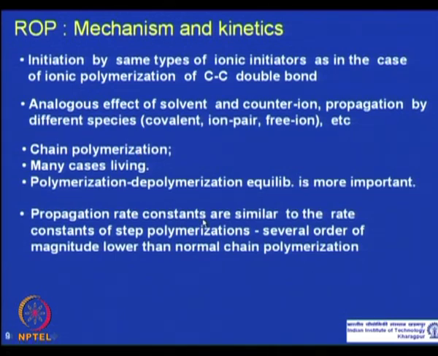Now, one difference between ring opening polymerization and the normal chain polymerization we know is that the rate constant for propagation is several orders of magnitude lower than in normal chain polymerization. It is actually of the same order as in step growth polymerization. So, though this is a chain polymerization, the propagation rate constant is much lower, with values similar to step growth polymerization.